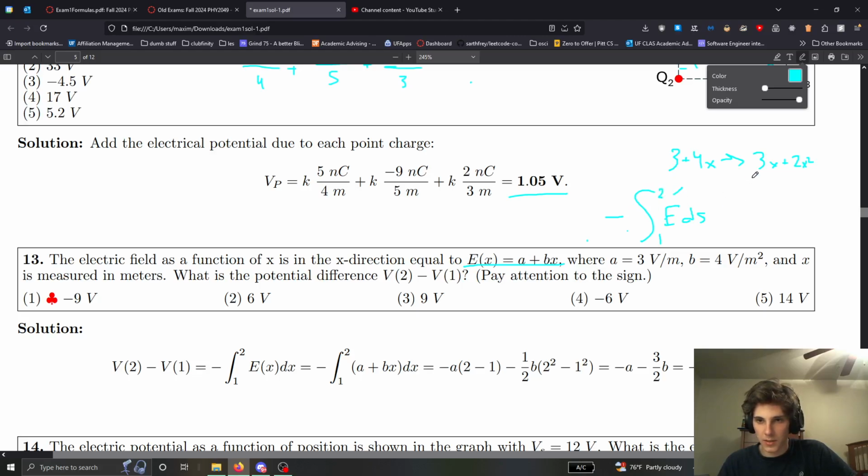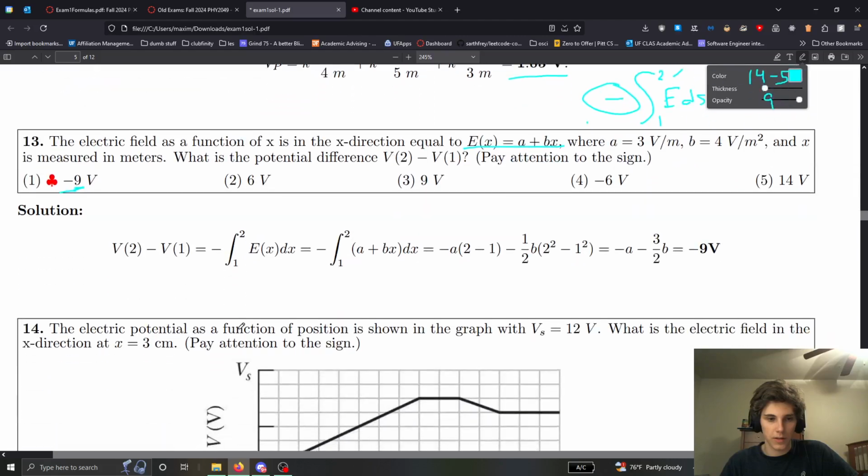Plug in 2 to this, you get 6 plus 8, or 14, and then minus, plugging in 1, you get 2, you get 5, and you end up with 9 here. But then, of course, there's the negative ahead of it, so negative 9 is your final answer.